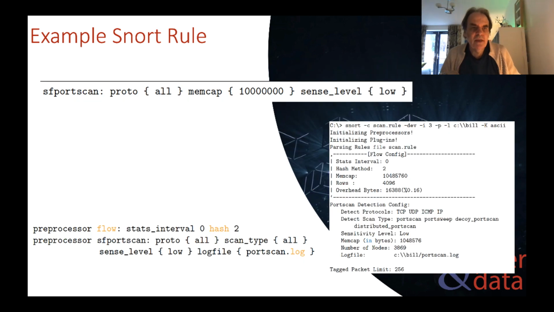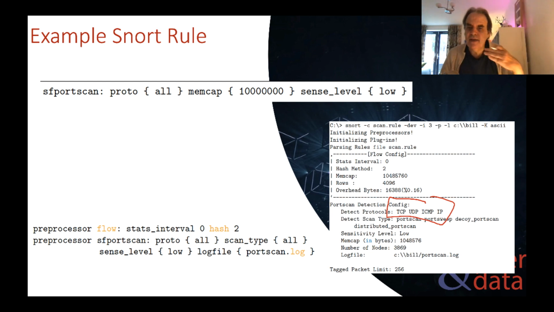Along with this, we can have what are called preprocessor rules. In this case, this is a rule that allows us to detect a scan on the network. So it will alert whenever someone does an Nmap scan.